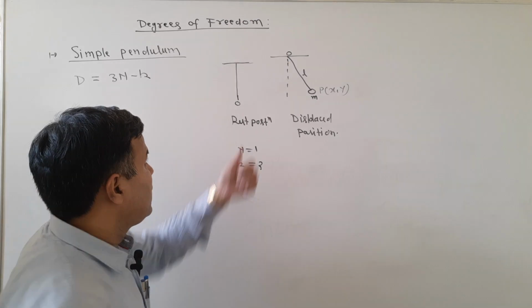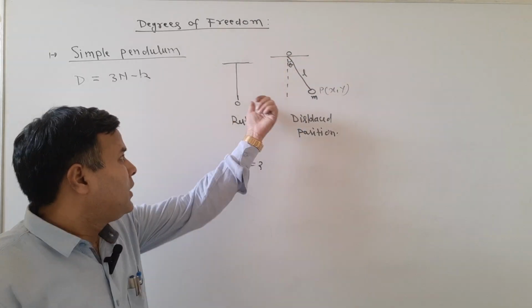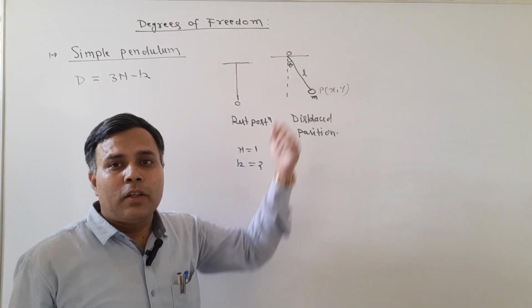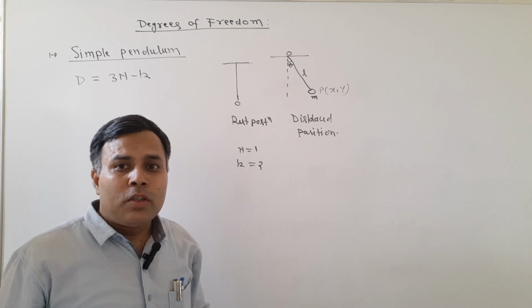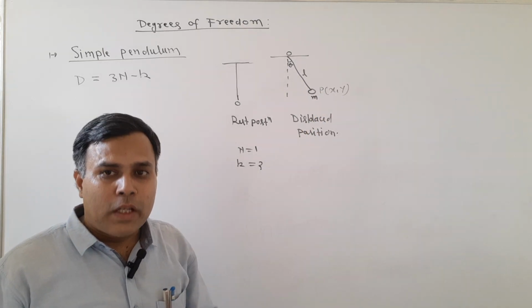So what is the equation? If this angle is theta, initially this is the rest position and this is the displaced position. Our interest is to study the mechanics of this simple pendulum in the displaced position.